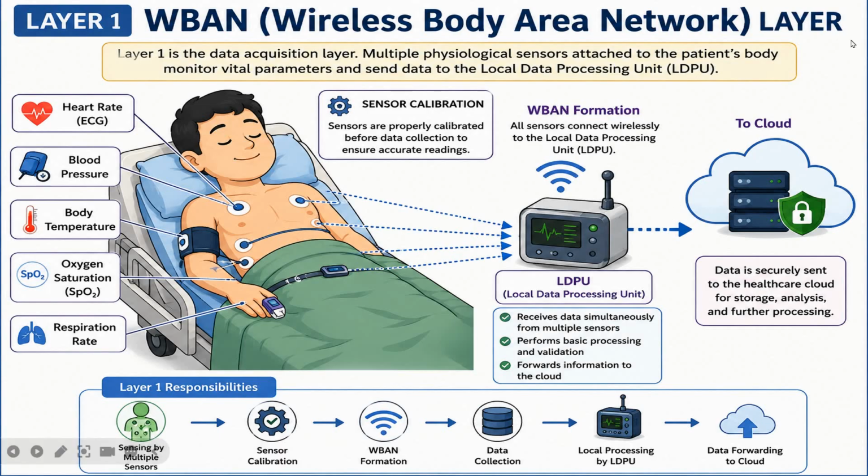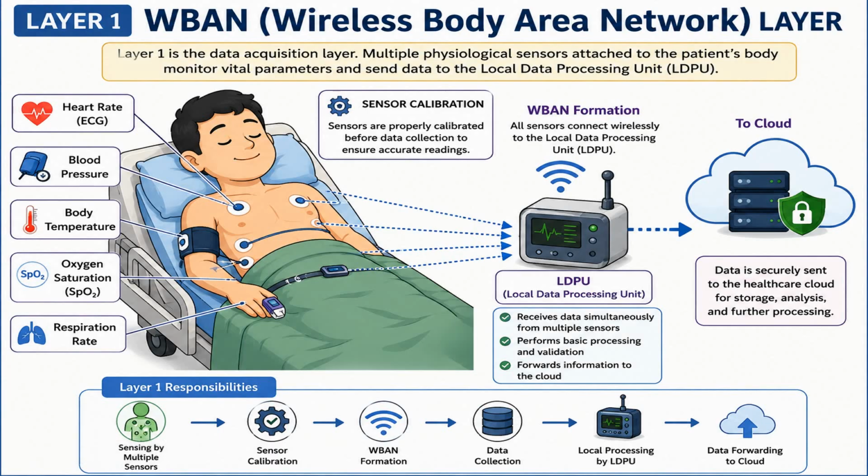Now, the cloud stores the information and makes it available for further analysis by the healthcare professionals. Here we get the summary of this first layer: the physiological parameters, sensor calibration, WBAN formation, data collection and reliable local processing by the LDPU, and data forwarding to the cloud.